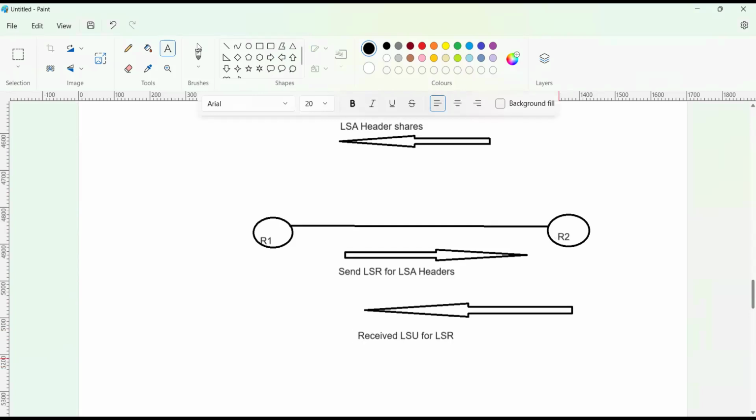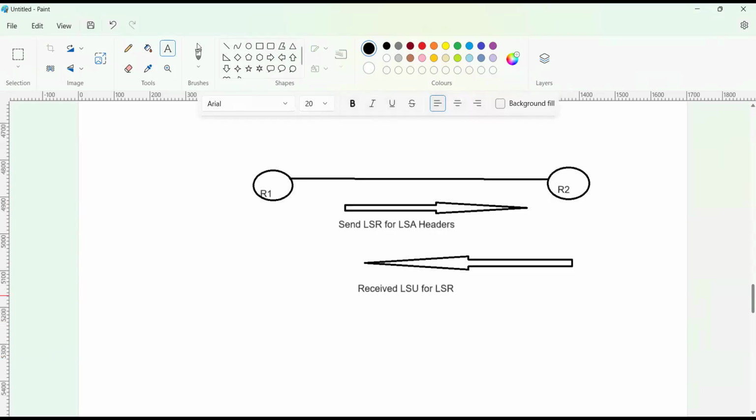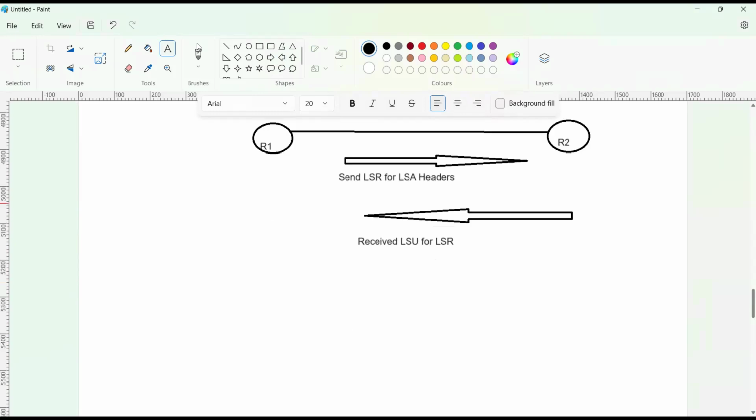Whichever he asked in the request, he will give an update for that, and he will give an acknowledgement.